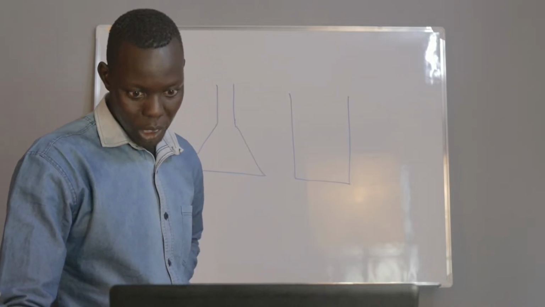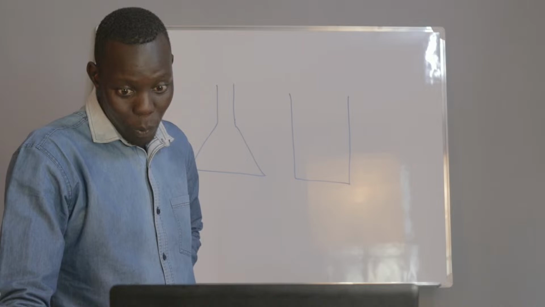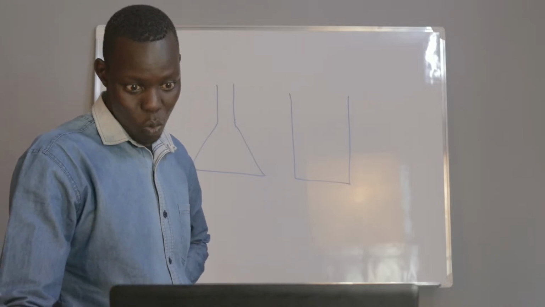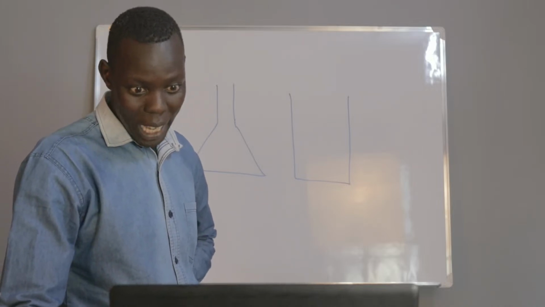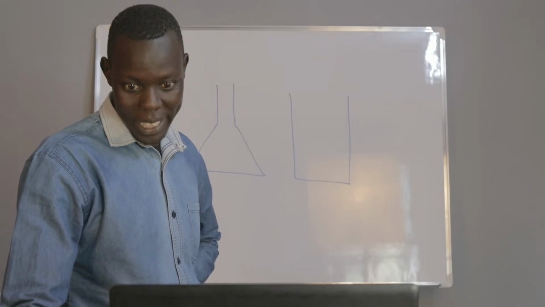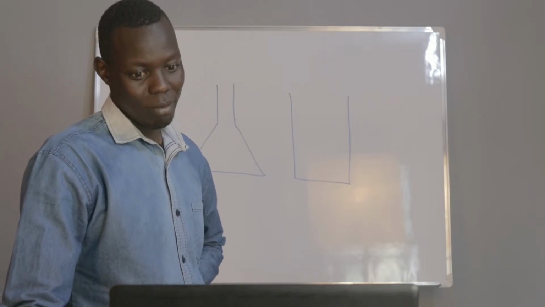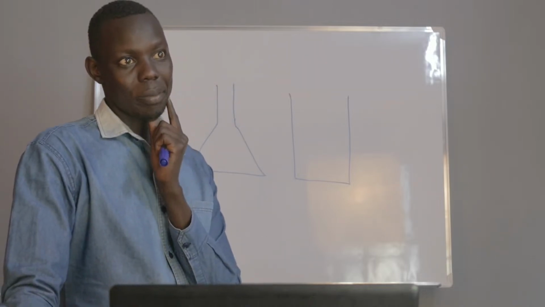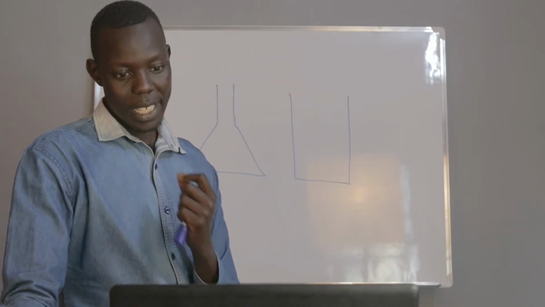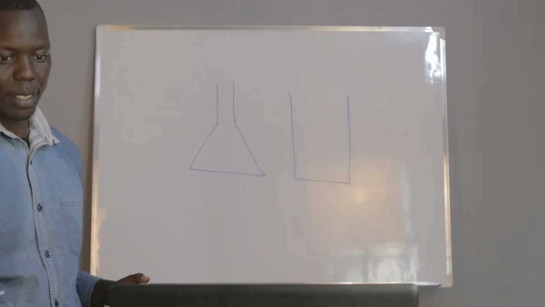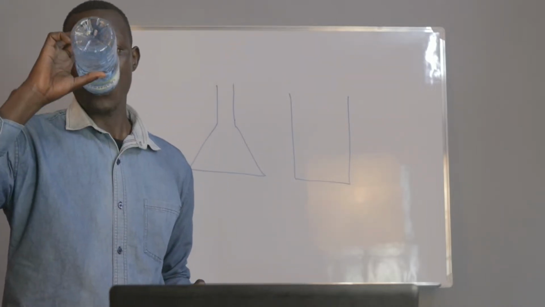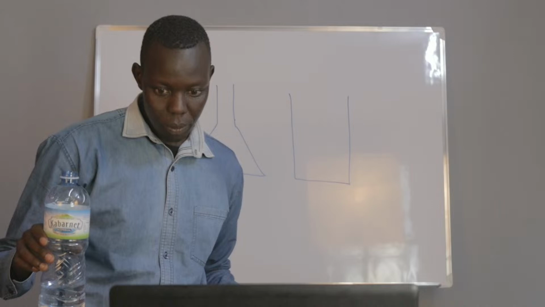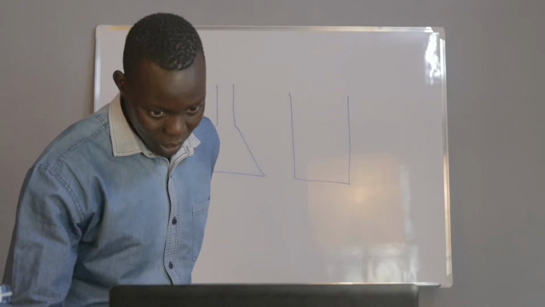Are you seeing what I've drawn on the board? Okay, first of all, have you heard the question? Unaona hii, mbona hapa tunatumia a narrow neck container but not like this one? What could be the reason? Reagan?